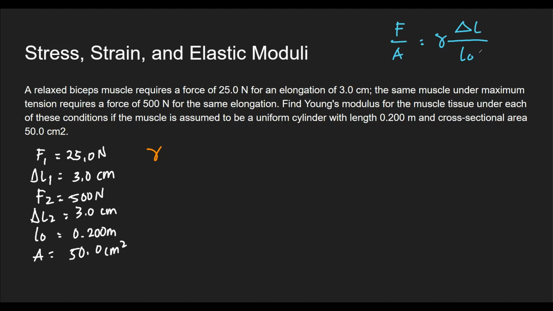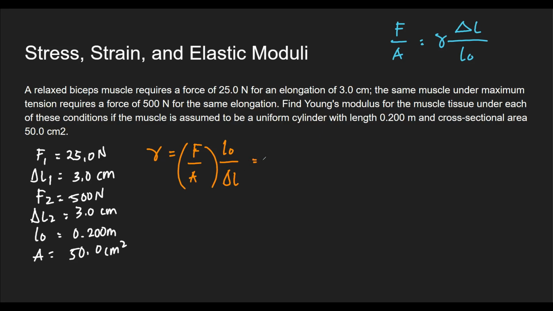And we're looking for Young's modulus, so we just need to transpose. I divide by delta L over L0, which gives me F over A multiplied by L0 over delta L.